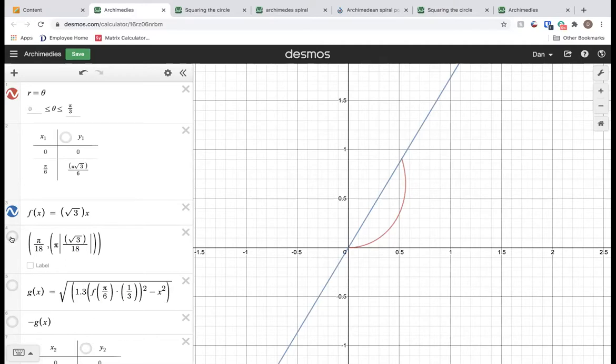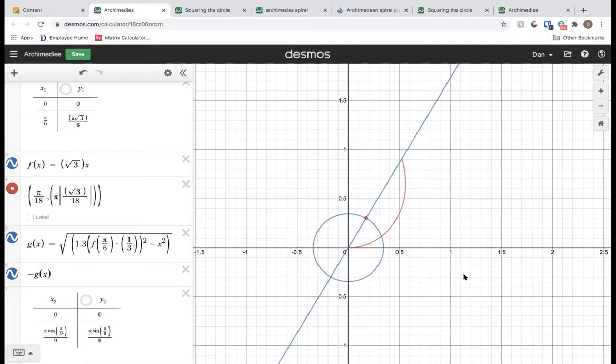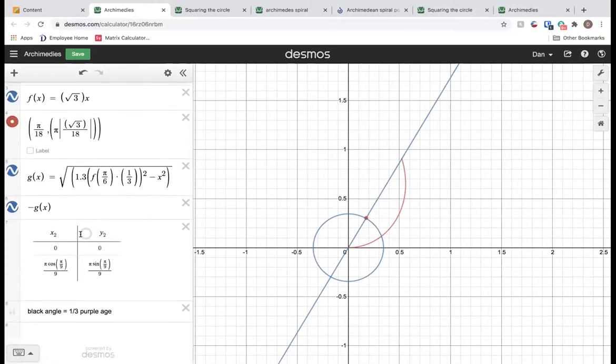I can use ruler and compass to trisect that. And so that's going to be the point of trisection. Then I use that as my radius and draw a circle. Then if I look at where the circle intersects the actual spiral, I form that angle, which is the black angle. That angle is going to be one third the original angle.